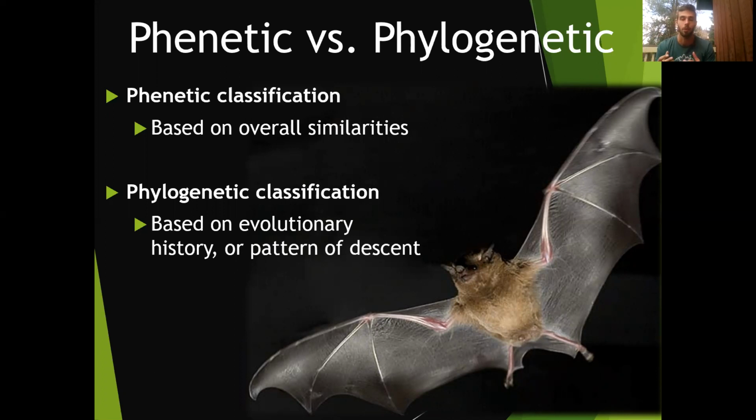For a long time, people only looked at phenetics to see how things were related to one another. So all cats are obviously related to each other. All birds are obviously related to each other. But this actually got us into a lot of issues because we realized that by doing that, we didn't actually know how related things were to one another. We were using our own biases to make those assumptions.